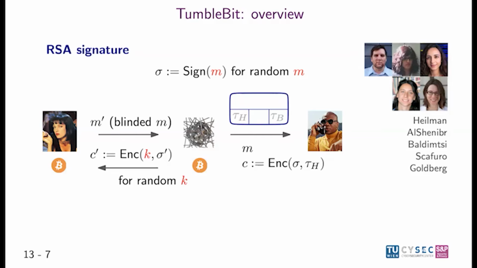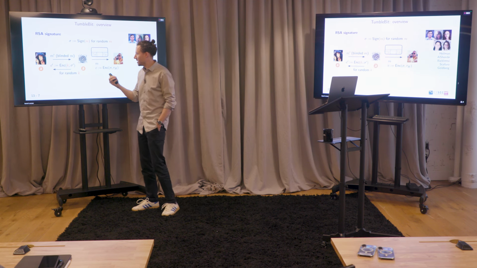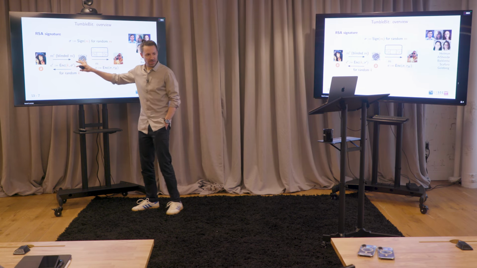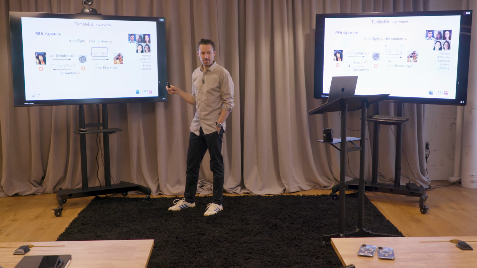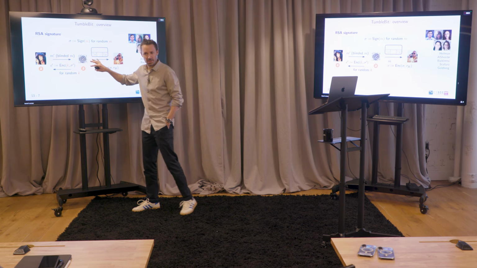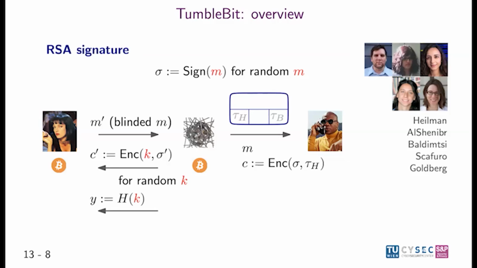Now Alice can't obtain anything. So what can we do? How can we make sure that Alice only gets the key if she pays? But if she gets the key, she gets the signature, which is what she wanted. Use a hash lock again. The payment hub sends Alice the hash of the key.